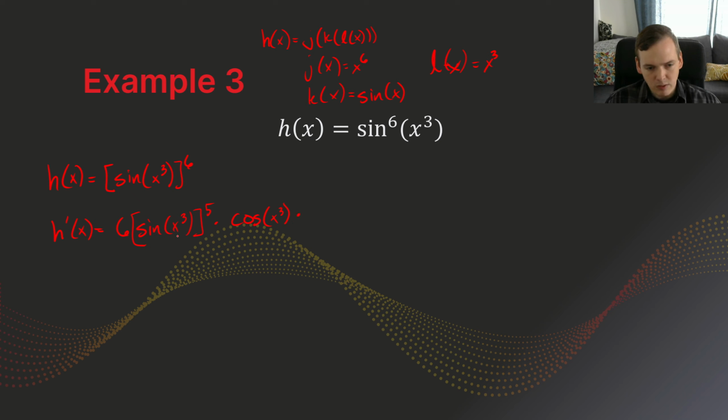And then lastly, the derivative of this inner part, x cubed, 3x squared. And so if we clean that up a little bit, we get 18x squared sine to the 5th x cubed cosine x cubed. And that's our derivative.